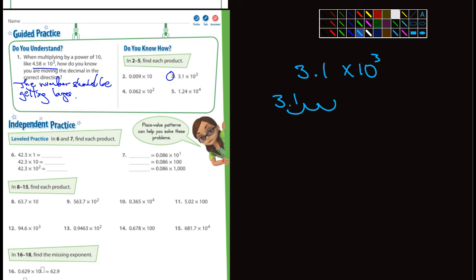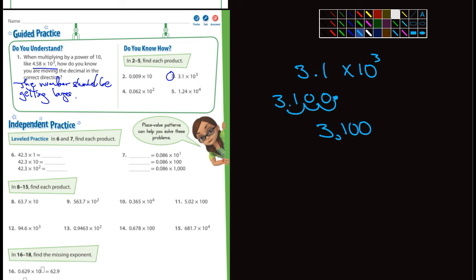So it looks like I'm going to have to add 2 zeros and put the decimal right there. So what does that make it? 3,100. And you know the decimal would be right there. But you really wouldn't bother writing the decimal. It's assumed to be at the far right of the number.